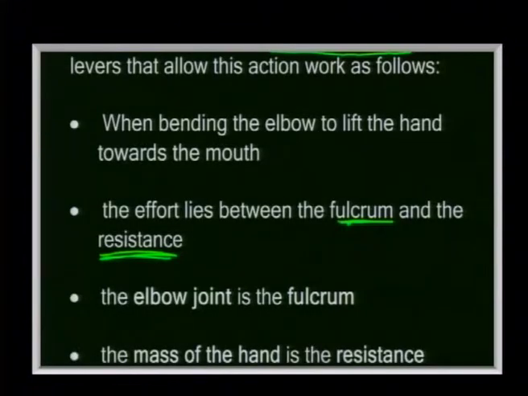Okay, the fulcrum is going to be the point here that's going to be doing the bending. All right, if you took a seesaw, and 2 kids on the seesaw, and they're tipping up and down, the fulcrum is the center point of the seesaw. So here's your center point. Okay, so fulcrum is at the elbow. The resistance will be your hand lifting.